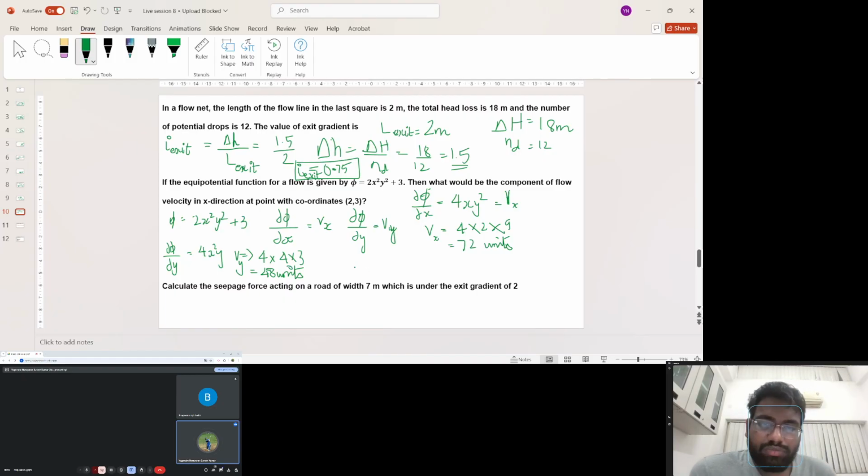Now let us extend this question by treating this as stream function. Stream function is psi. Psi is equal to 2x square y square plus 3. Now with this as stream function, we can calculate the velocity component along x and y.